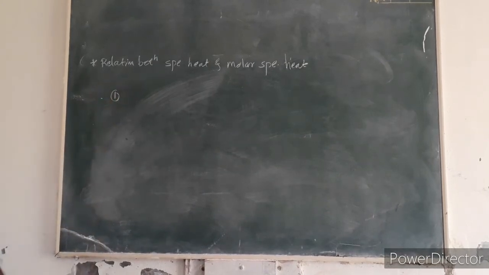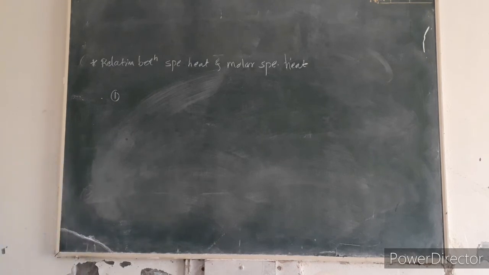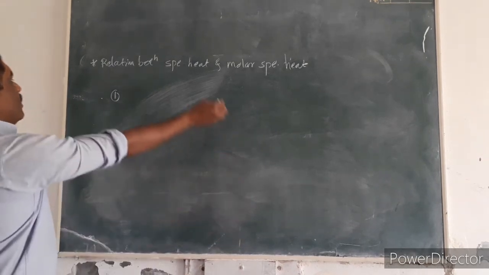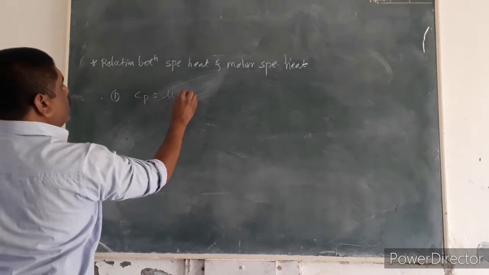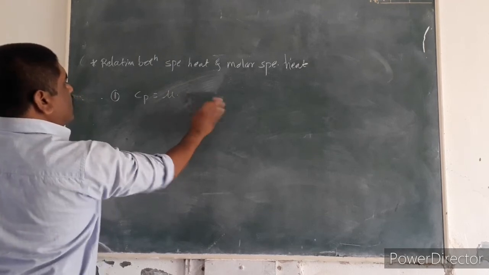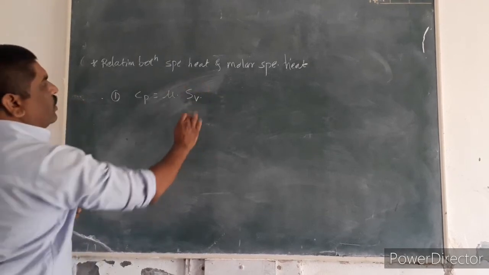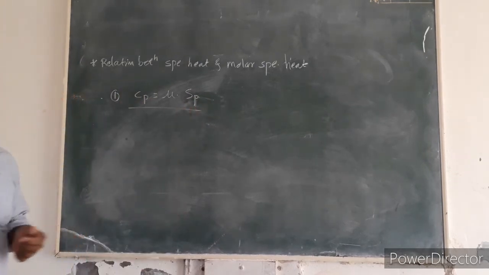The first relation, in case of constant pressure, Cp is equal to mu into Sp. This is the first relation.